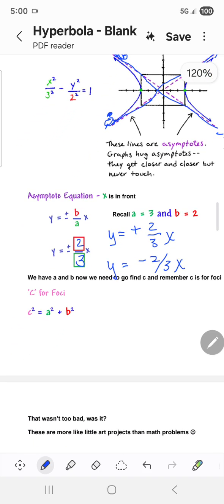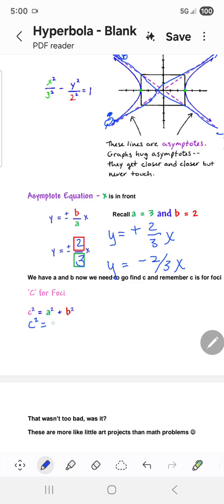There's one more thing that I haven't actually graphed in this graph, and that's the foci. We know that the vertices live a units from center, and the foci live c units from center. So I have to find my c value. Well, c squared is equal to a squared plus b squared.